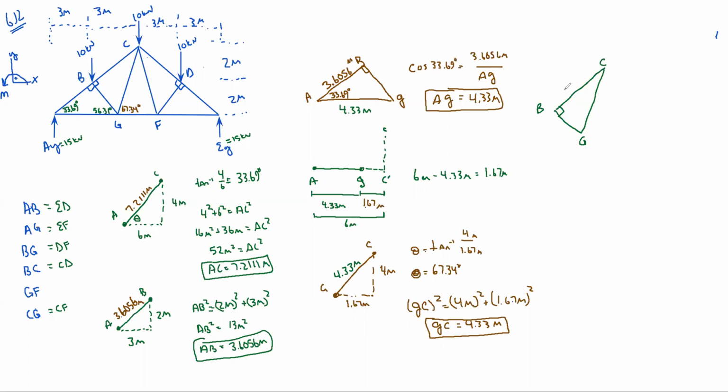So BC would be essentially AC minus AB, equal to length BC, and it comes out to be 3.6056 meters.